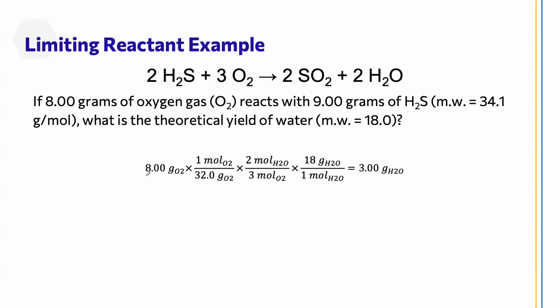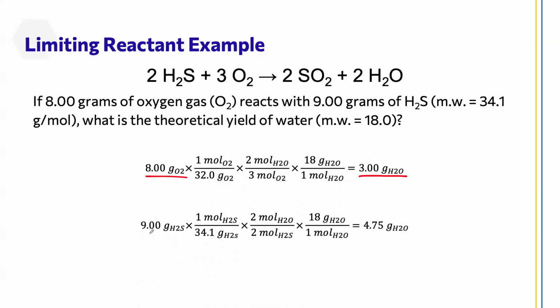I see that for 8 grams of O2, I produce 3 grams of H2O. How about for H2S? I have 9 grams of H2S. I divide by the molar mass, multiply the mole ratio, multiply the molar mass. For 9 grams of H2S, I yield 4.75 grams of H2O.